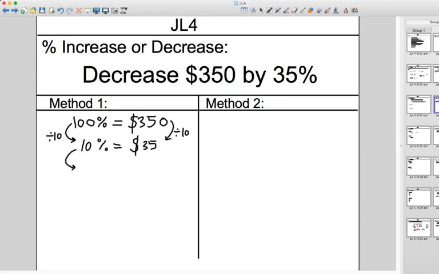What else am I going to need? I'm going to need 5%. So how do I get from 10% to 5%? I'm going to divide by 2. That will give me 17.50, I believe.